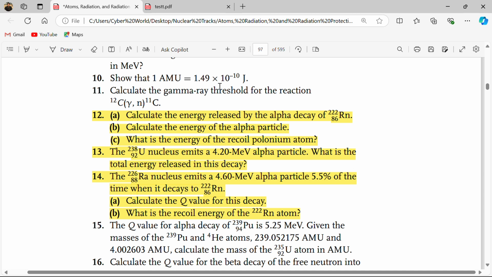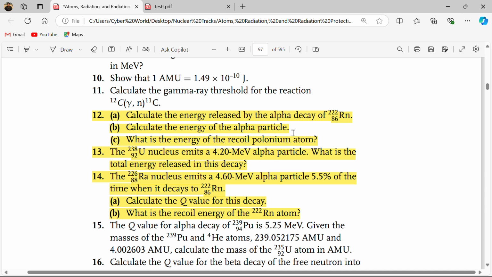Because this is an alpha particle decay, you already know that radon must decay into polonium, because in section C it says: what is the energy of the recoil polonium atom. So radon decays into polonium, and it also emits an alpha particle, like a helium atom, plus Q, some amount of energy.